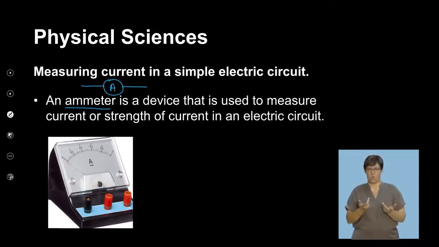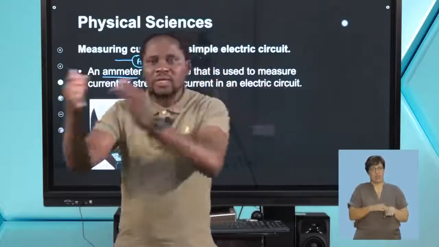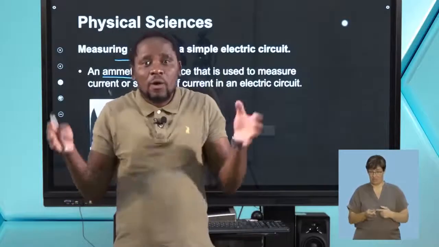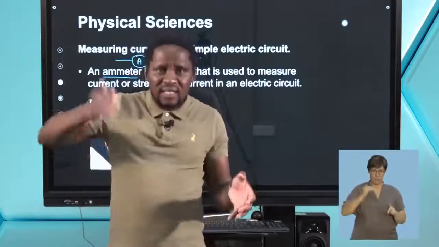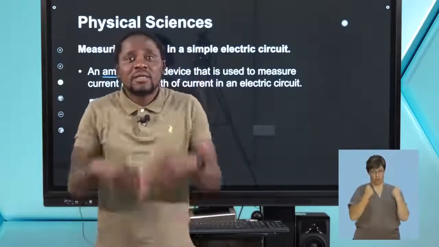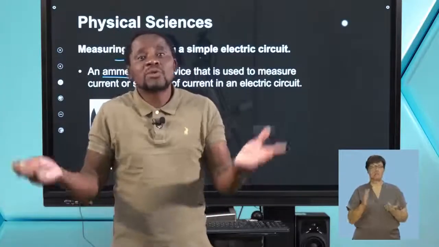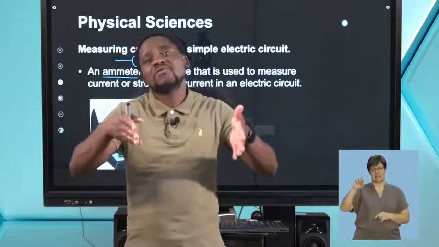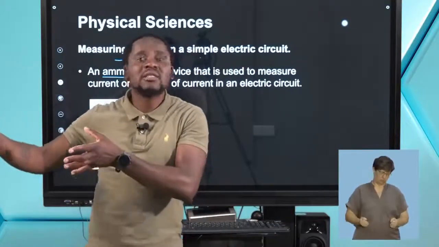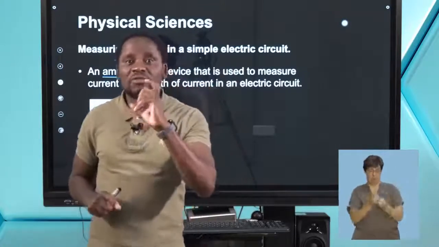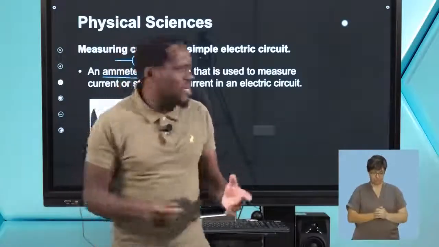So take note, we talk of current in terms of charge per unit time, or we can talk of strength of current: the greater the amount of charge passing through, the stronger the current. Sometimes we may also refer to it as intensity of current. So current, strength of current, current intensity may be used differently to refer to the same quantity.